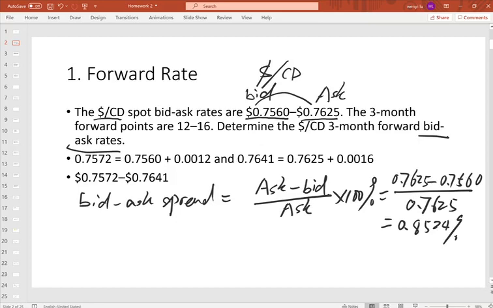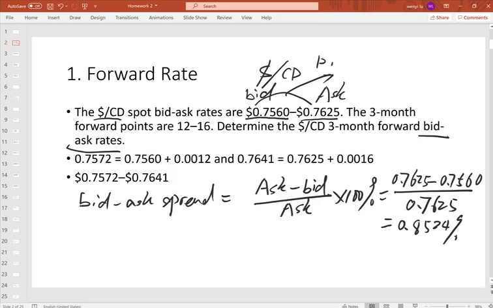So our bid and ask actually is very close, right? They have very close numbers. The only difference maybe just on the second or third decimals. I will use the points to represent the difference. The points is on the fourth decimals, right?